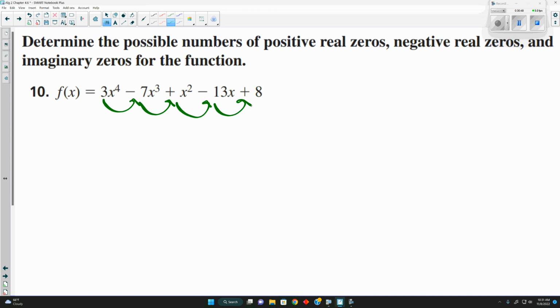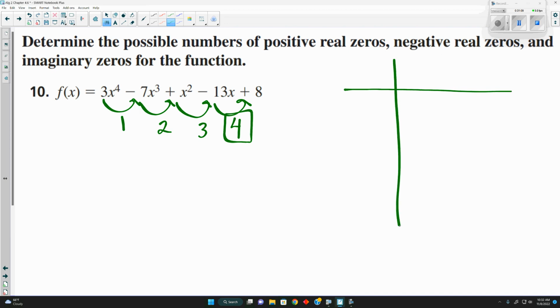So from x to the fourth to x to the third would be 1, x to the third to x squared would be 2, x squared to x is 3, and x to 8 is 4, so the number of possible positive sign changes, positive numbers, is 4. Luckily I've got space over here. So we know positive is going to start out at 4.